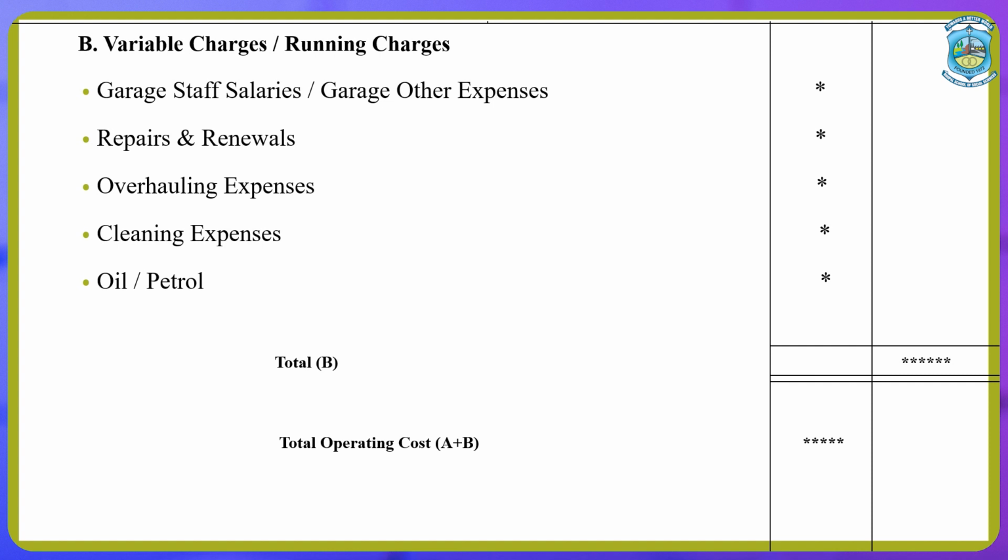These are the running expenses which we mention in part B. Then we have the total of B, and the total operating cost will be section A plus section B; we add part A and part B, and that will be your operating cost. This is the format.